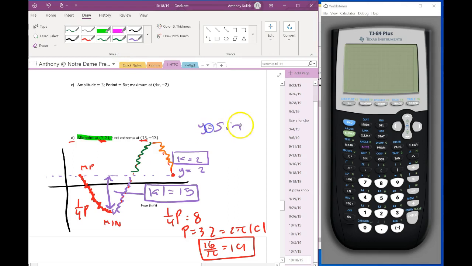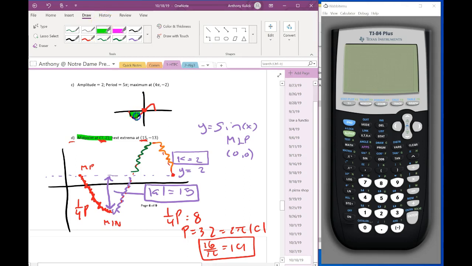So if I'm graphing the parent function, sine of x has a midline point at 0, 0. Now I need a little bit more information than that, though. So if I think about the graph of sine, this is the parent function, what it looks like.